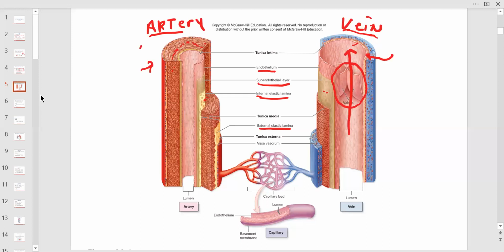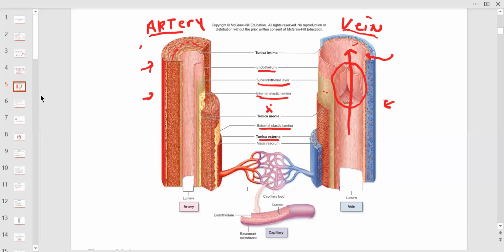They're just going to the tissue to deliver oxygen and other nutrients and fluids. The veins are returning the carbon dioxide back to the right atrium. And there's not a lot of pressure. There's a lot more pressure in an artery than there is in a vein, systemically, everywhere. Important, right? So the tunica externa is just connective tissue, right? Collagen fibers, areolar connective tissue that's going to anchor that vessel, both arteries and veins.